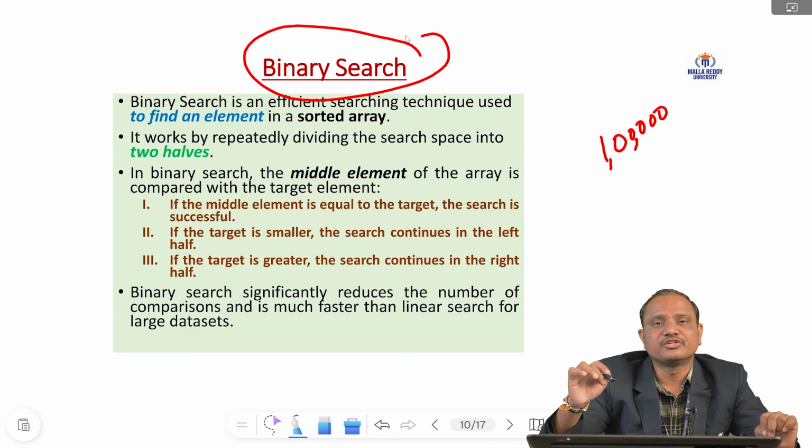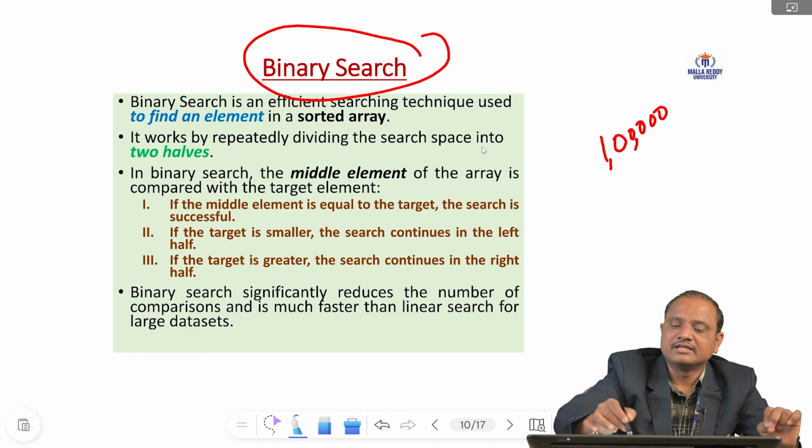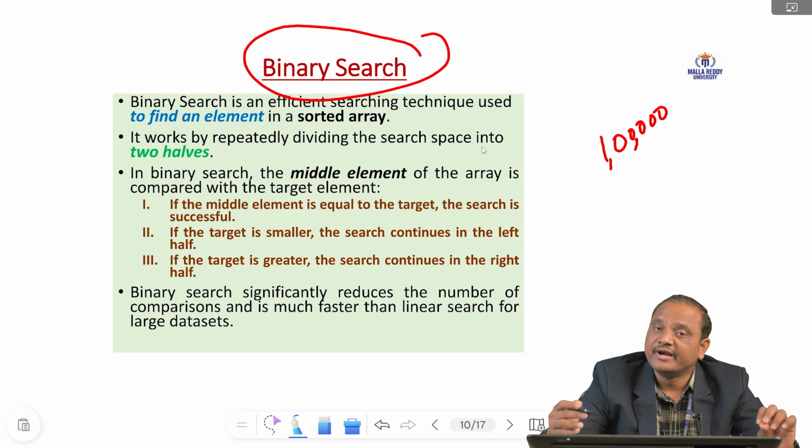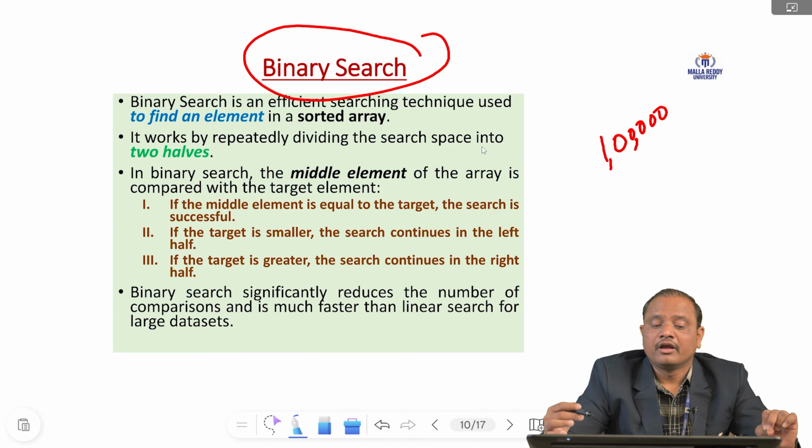Here, the work is repeatedly dividing the search space into 2 halves. In binary search, the middle element of the array is compared with the target element. If the middle element is the key element, then it stops the search and returns the index of the middle element. Otherwise, it checks whether the middle element is smaller or greater than the target.